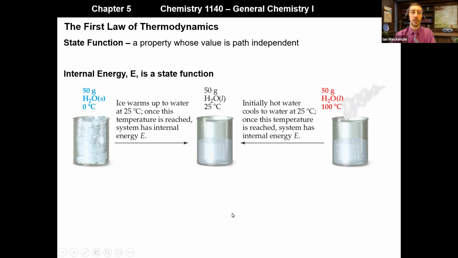Let's just consider the internal energy of some system. And internal energy, as we'll find out later in chapter 10, is directly related to the temperature of the system. So those two are directly related. So if we think about starting out with ice water, so it's at 0 degrees Celsius, I've got 50 grams of it, and I just let it warm up.